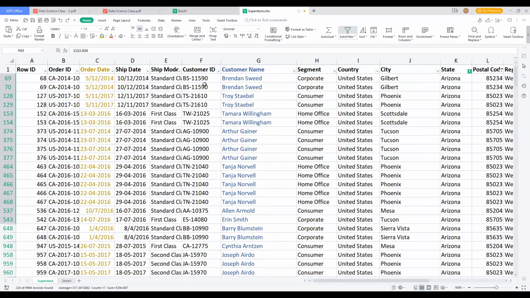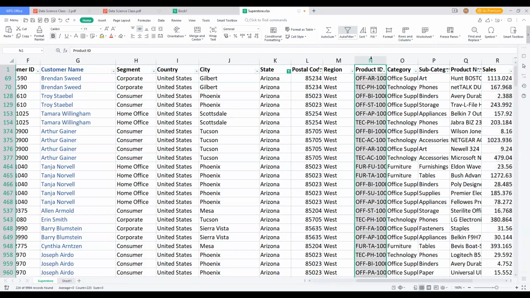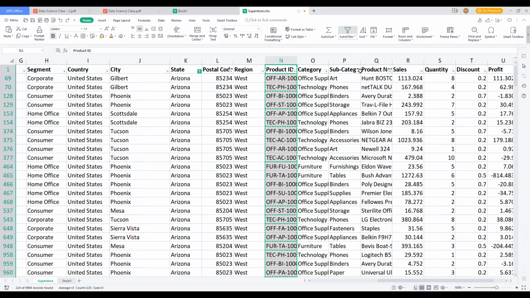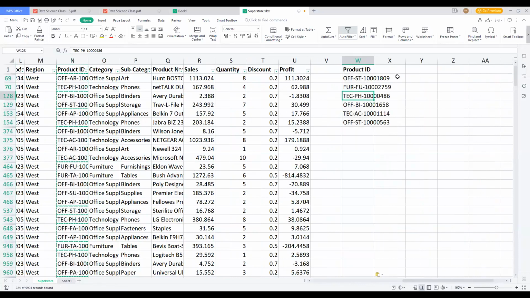Here I have product ID. Let me copy that here. Considering I have the product ID, it should have all the values, the count of each and every product.